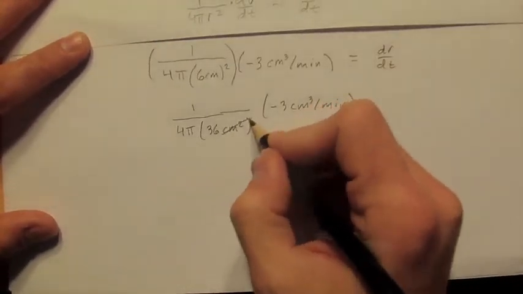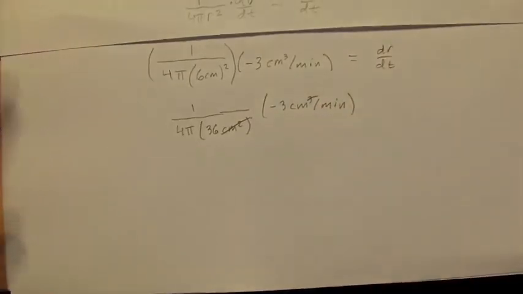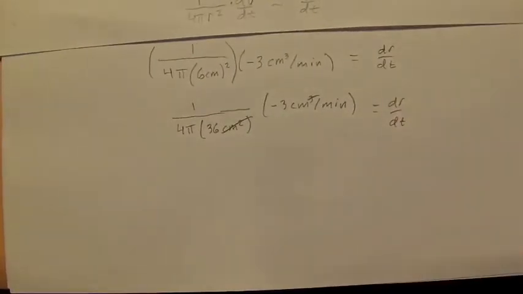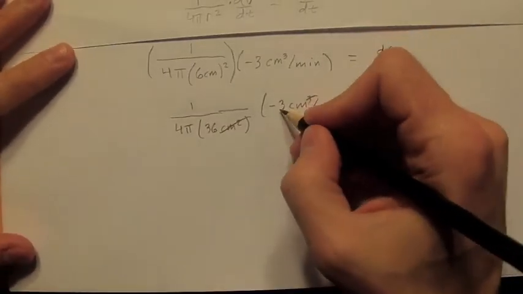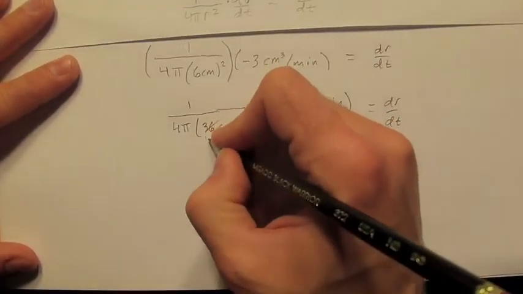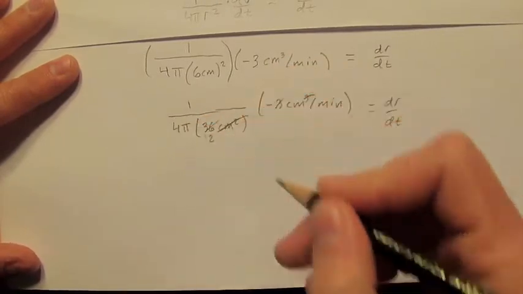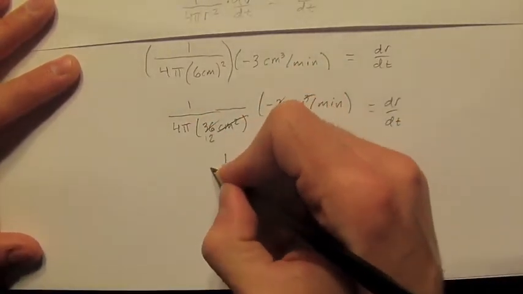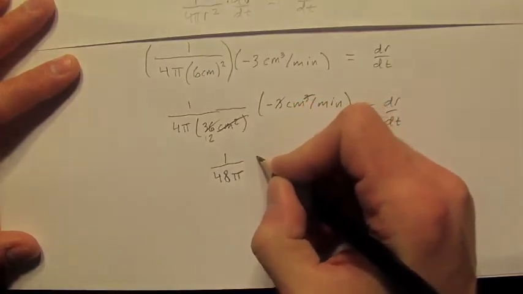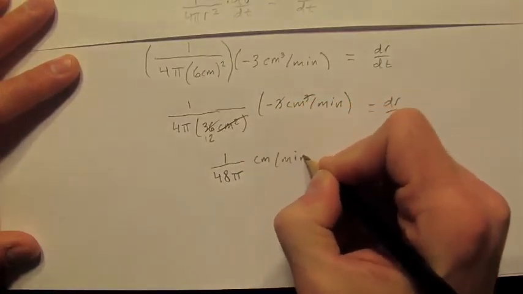The centimeters squared will cancel with the centimeters cubed and just leave centimeters. This is important because what rate should the radius be in? It should be in centimeters per minute. Okay, so we got that. And that 3 cancels with the 36 and leaves a 12. So I have a 12 down here, which will then multiply by that 4 to give me 1 over 48 pi centimeters per minute.